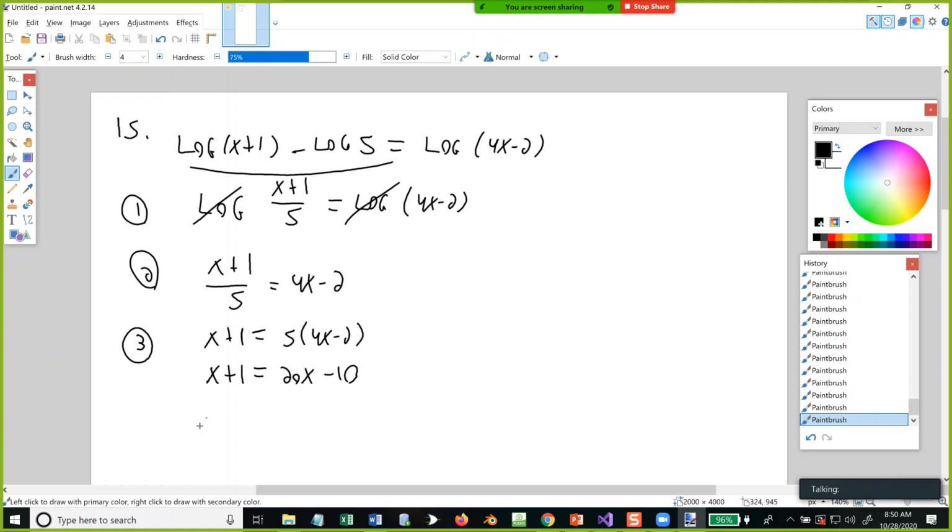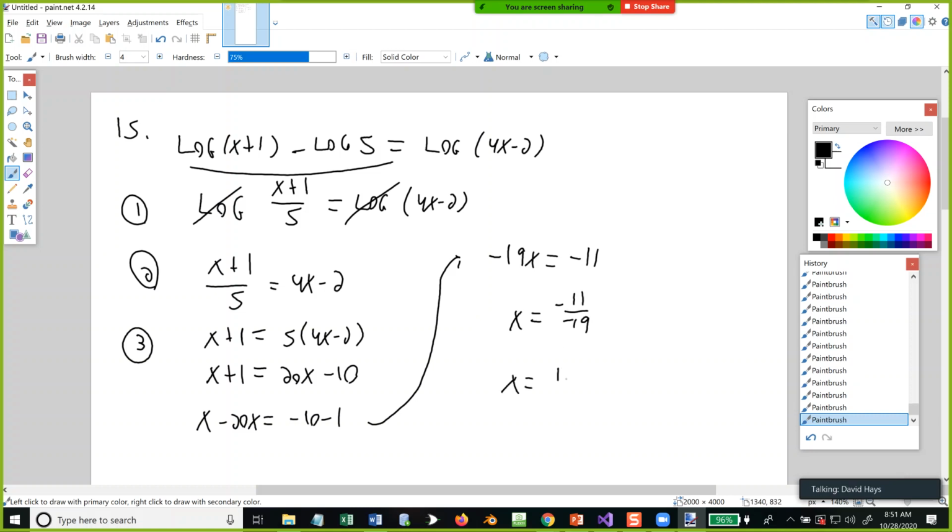Get everything with x on one side, numbers on the other. Gives us negative 19x equals negative 11. Divide both sides by negative 19. And we get x is equal to 11 19ths.